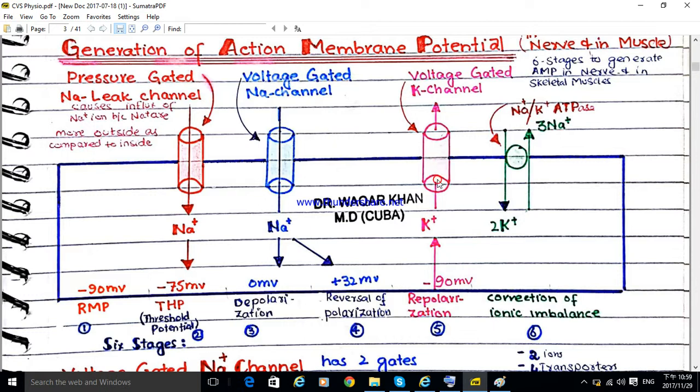With the help of sodium potassium ATPase, the ionic imbalance will be corrected: 2 potassium in and 3 sodium outside. So this was the method of how the action membrane potential is created.